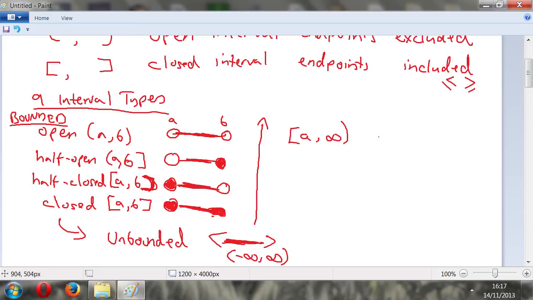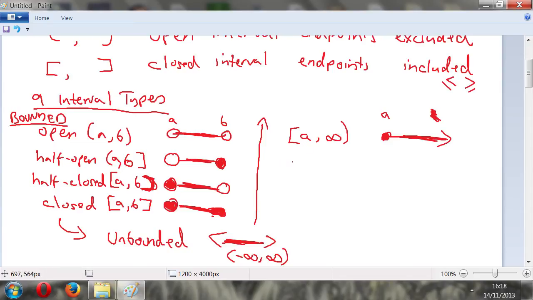So let's just do A and B again. Well, we can't do A and B because it's unbounded. So A is included, and everything to the right of this line is included.